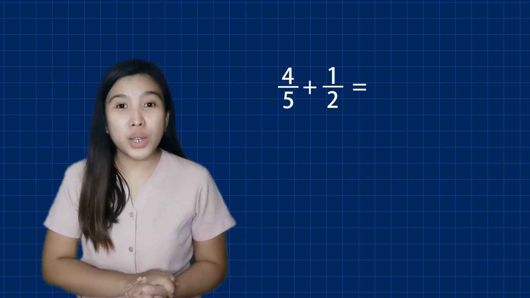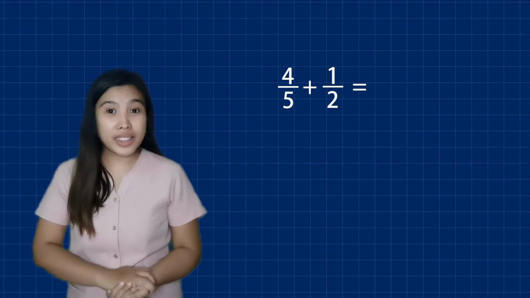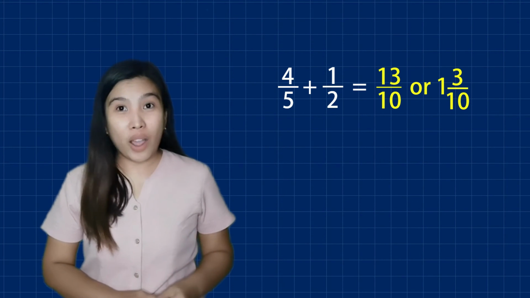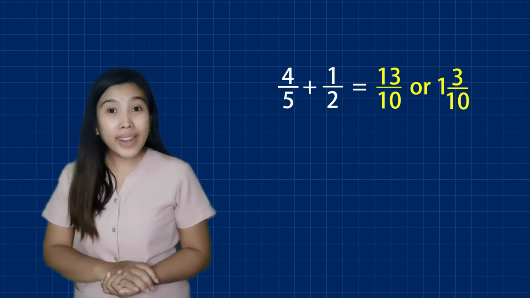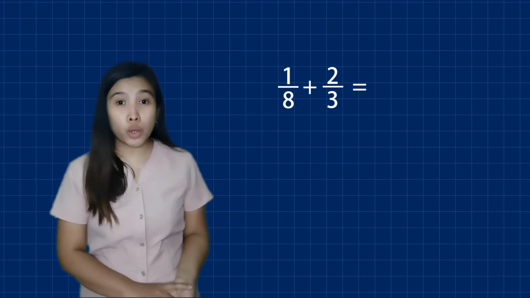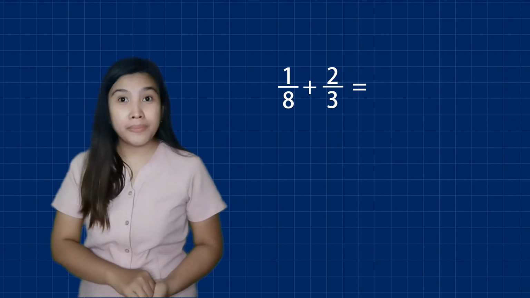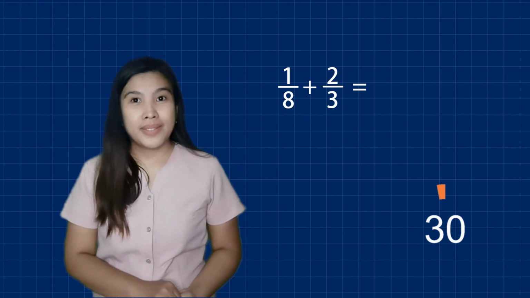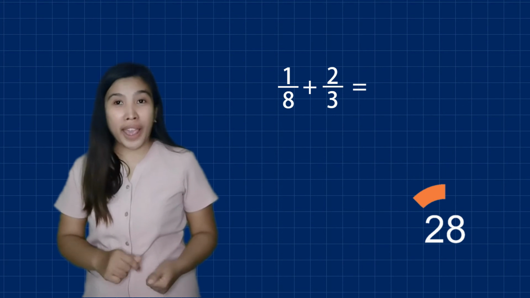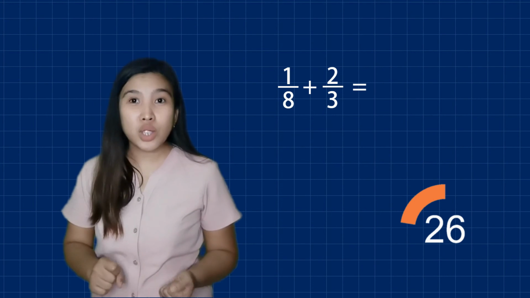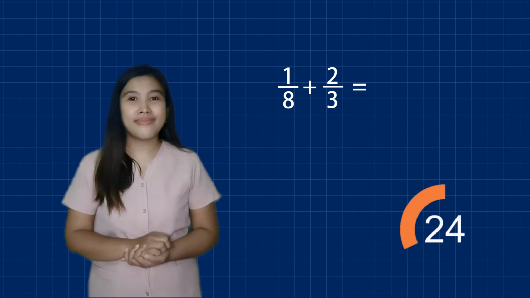Time's up! The answer is 13/10 or 1 and 3/10. Okay, next. 1/8 plus 2/3 is equal to? After you find the sum, you're going to type your answer in the comment section.